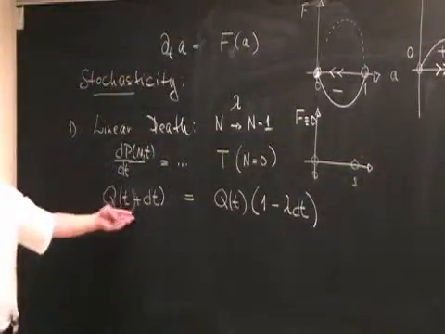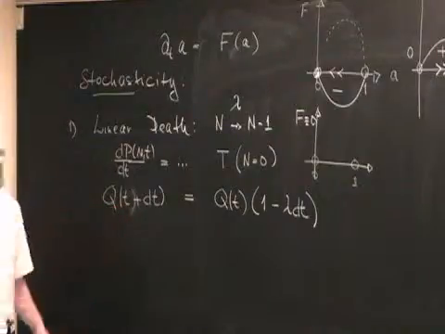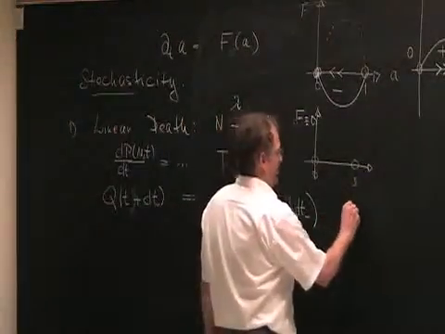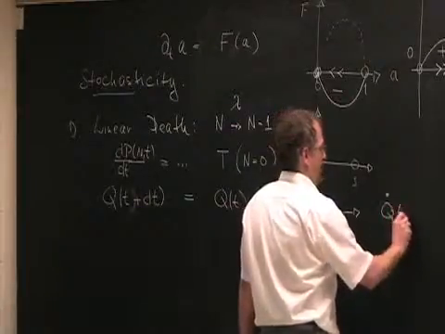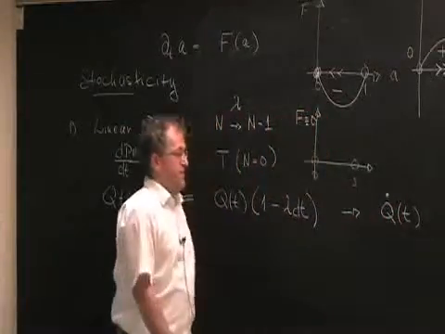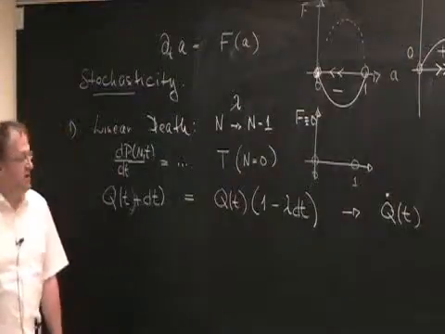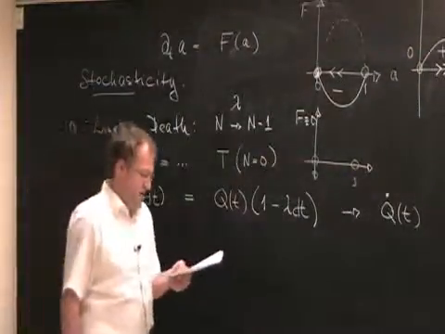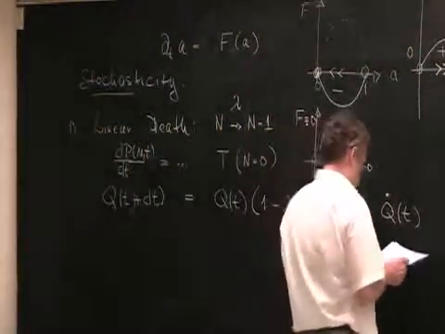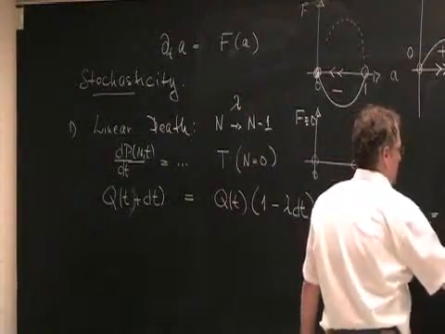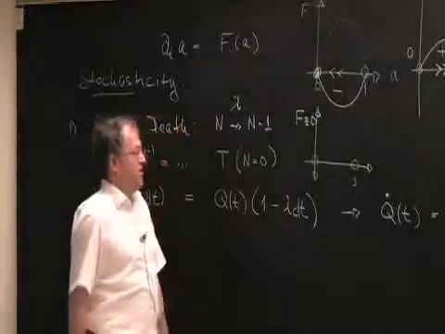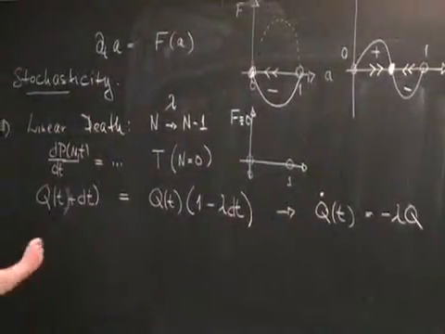And now you Taylor expand the left-hand side, and what you get is an equation saying that the temporal derivative of this probability is minus lambda times q. This equation, of course, you know how to solve.